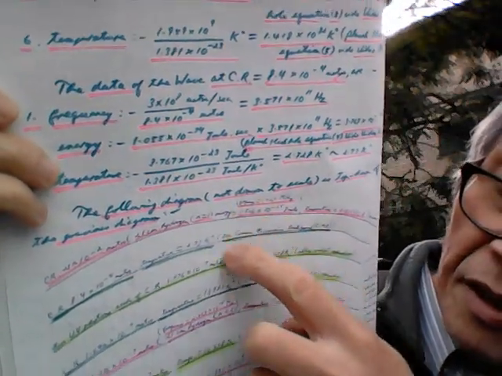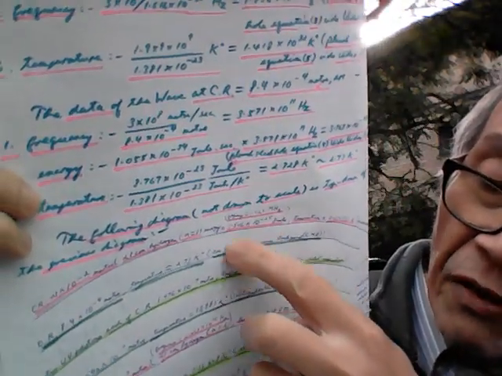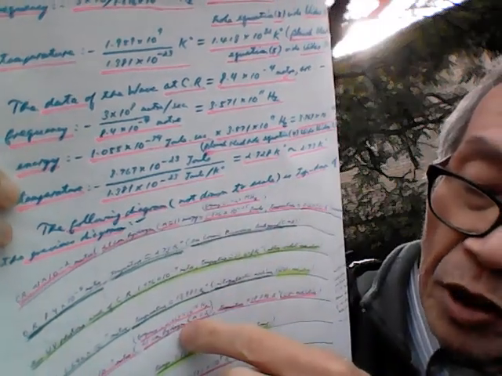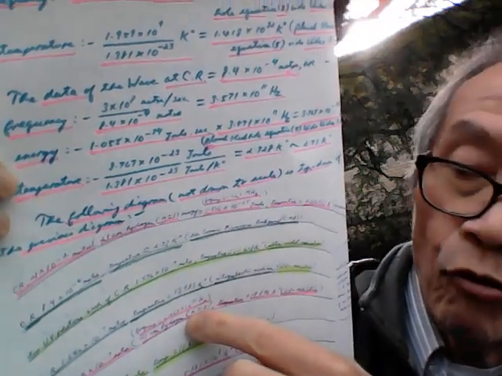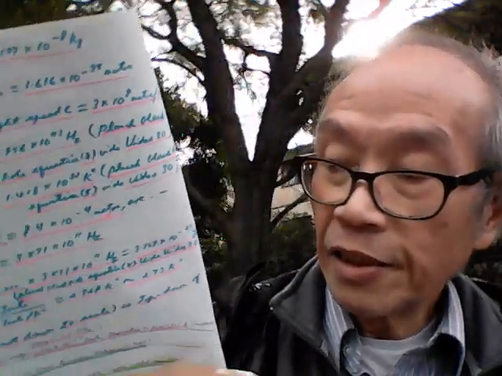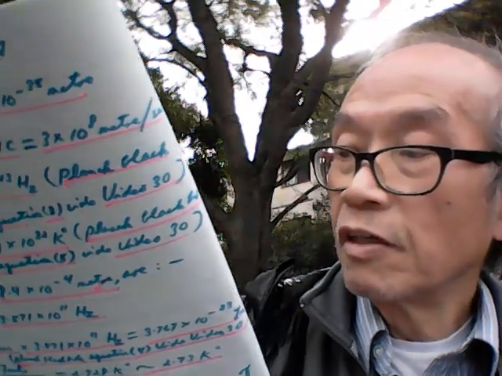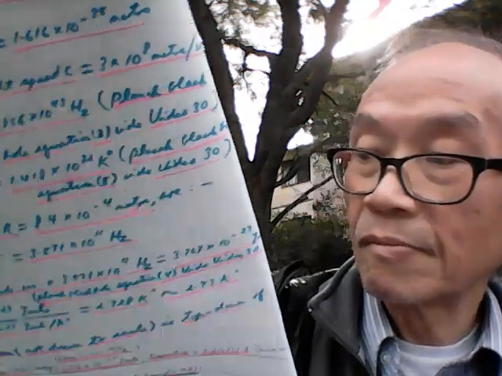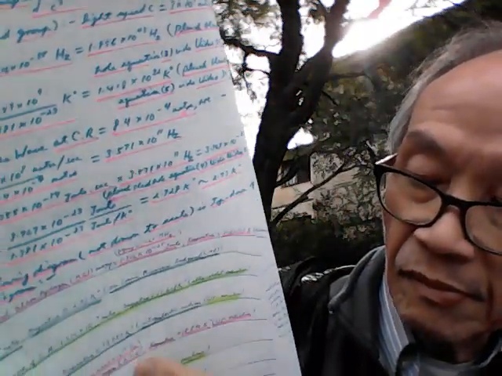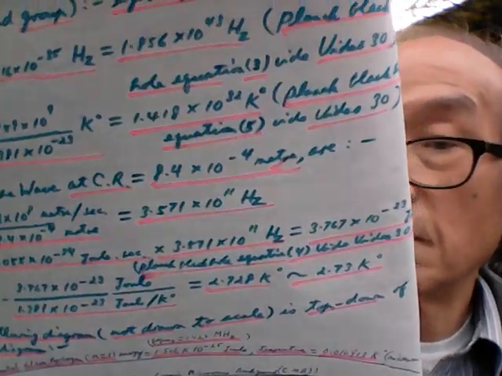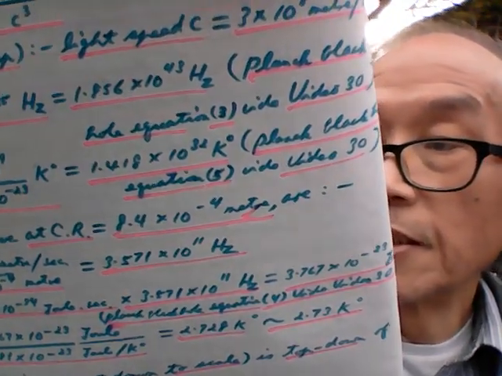The switch of energy between these two levels causes a Lyman alpha photon of wavelength 1.216 times 10 to the power minus 5 centimeters to be emitted.